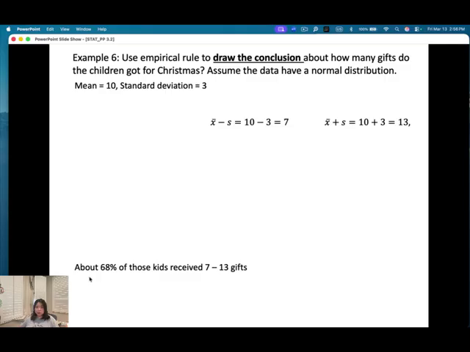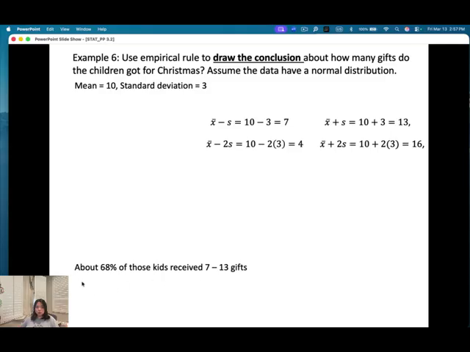So I could say about 68% of those kids receive 7 to 13 gifts. Now we're going to calculate plus or minus 2 standard deviations. The mean minus 2 times the standard deviation is equal to 4, and also 16.